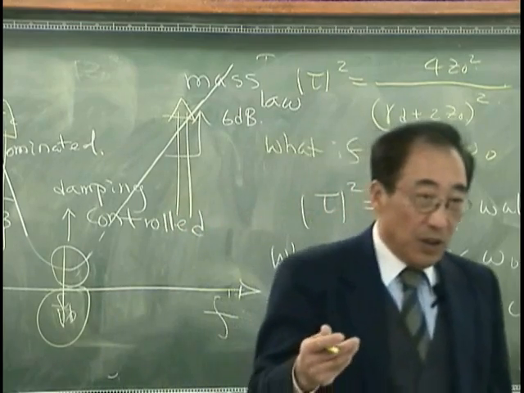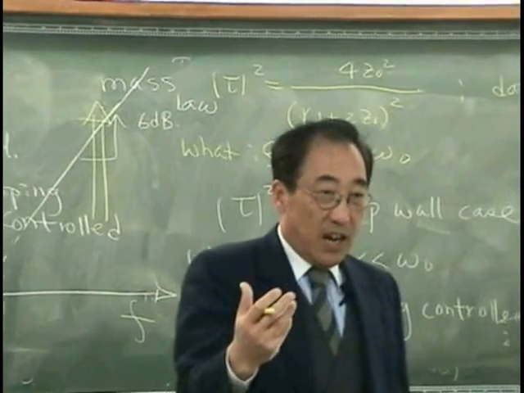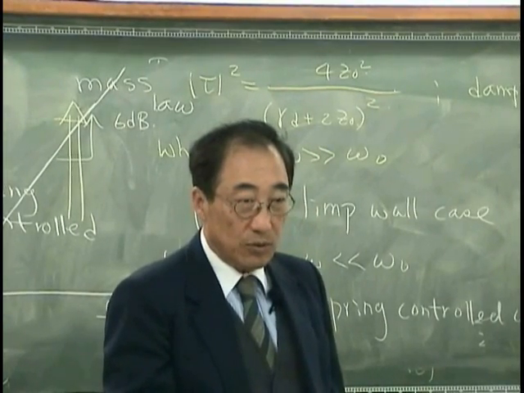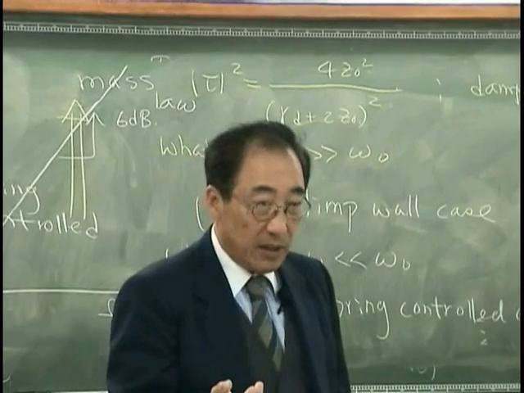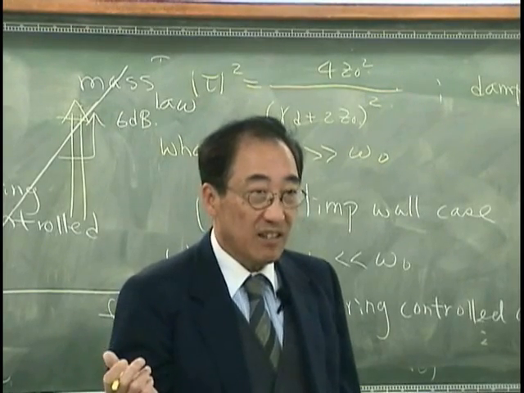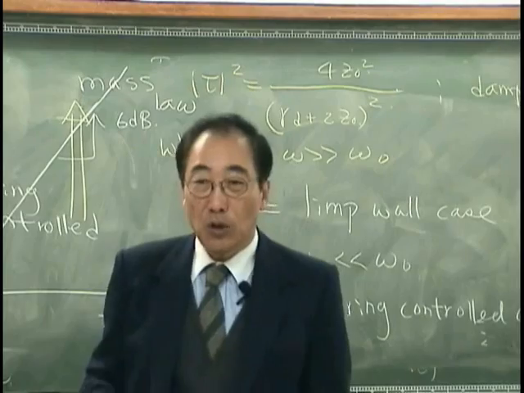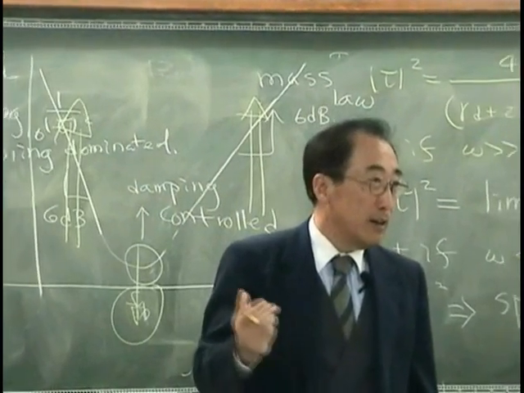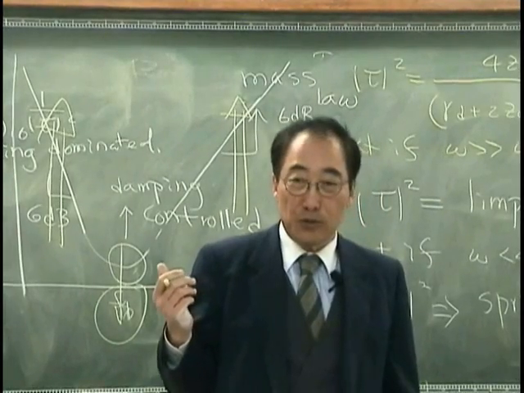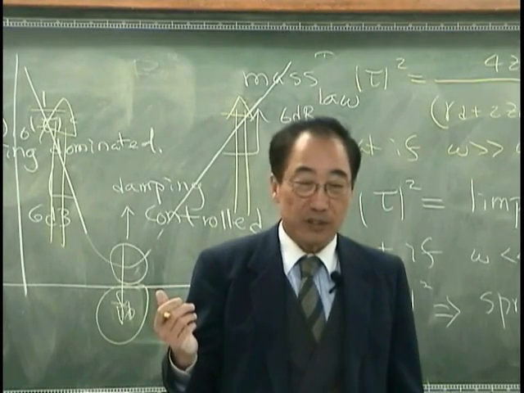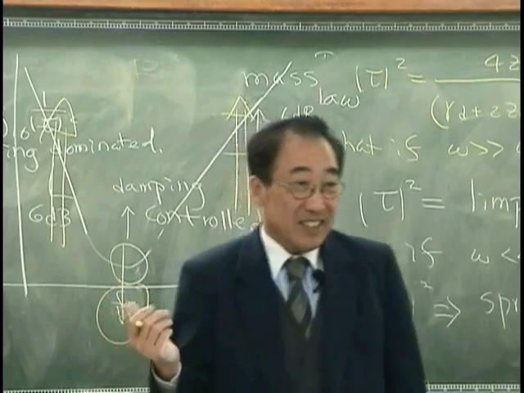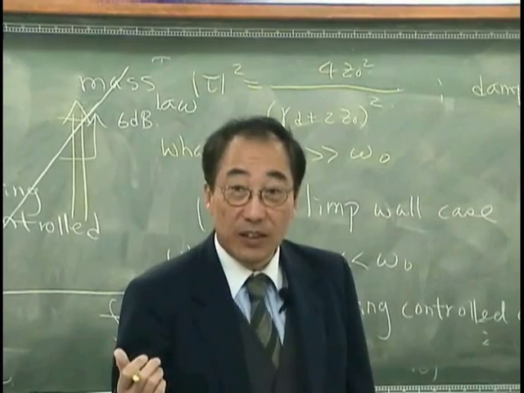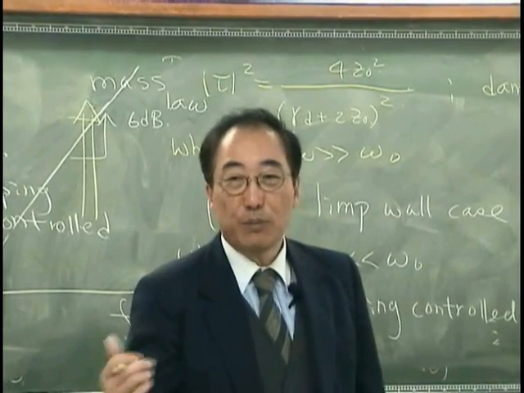So if you add 3 dB sound to the 10 dB sound, what will you get? 10 dB, right? 3 dB is nothing. So don't be afraid of making an error of a factor of 2 in controlling or designing a partition, because that is so trivial.